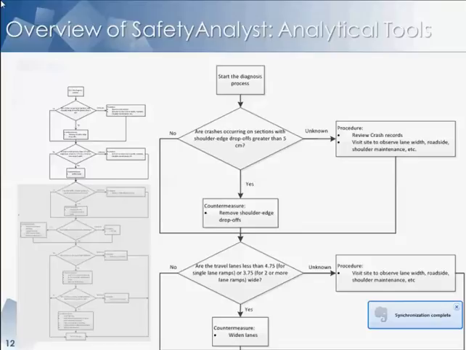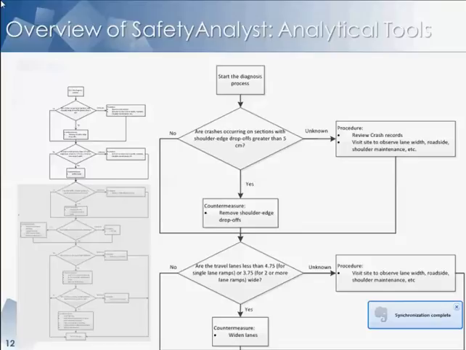If you don't know the answer, it asks you to do something. It's called procedure. It says, okay, if you don't know, review crash records, or visit site to observe lane width, roadside shoulder maintenance, etc. Right? So it gives you some ideas about the site before you go out and do your site visit. And it is very valuable, very helpful.